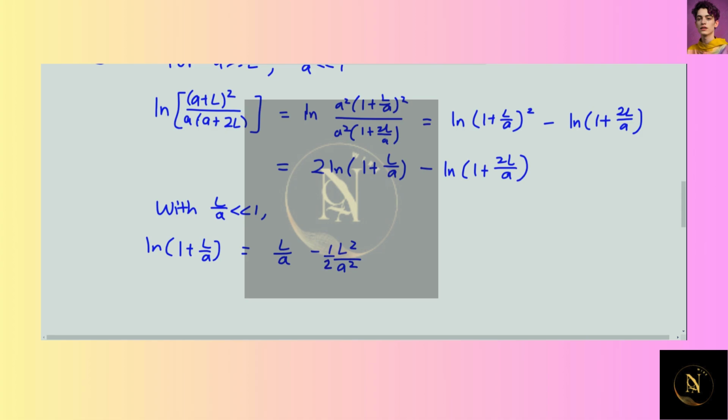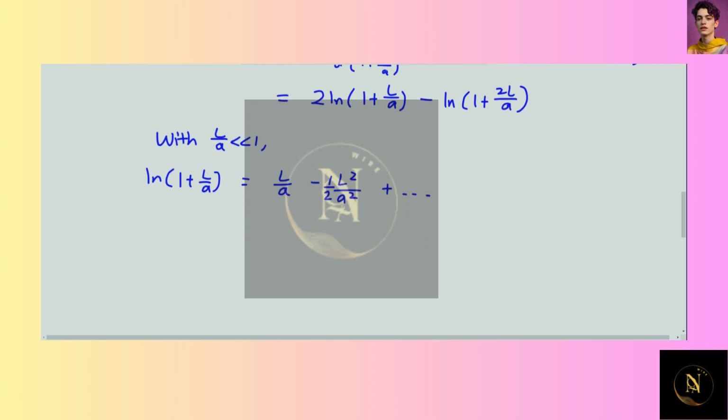Then natural log of 1 plus 2L over A is equal to 2L over A minus half times (2L over A) squared, which is 2L over A minus 2L squared over A squared plus so on. You can substitute these terms into the above expression.